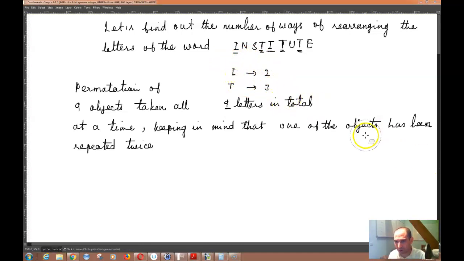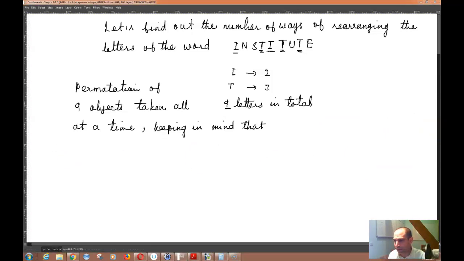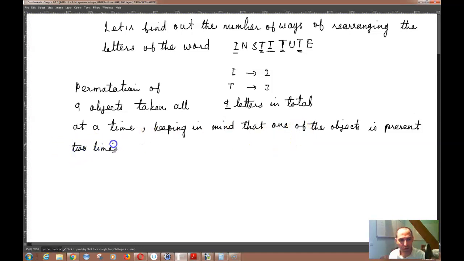To make it more clear, I would say that one of the objects is present 2 times in total, and another one 3 times.